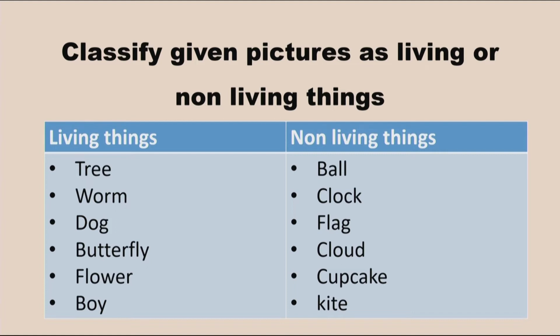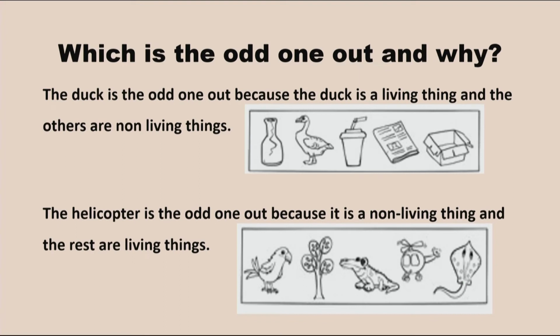Let's look at the second activity from lesson 1. You had to identify the odd one out and say why. When we say odd one out, it means which one should not be in the group or in the set. Below we have the set.